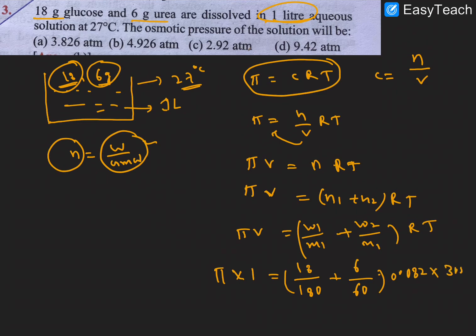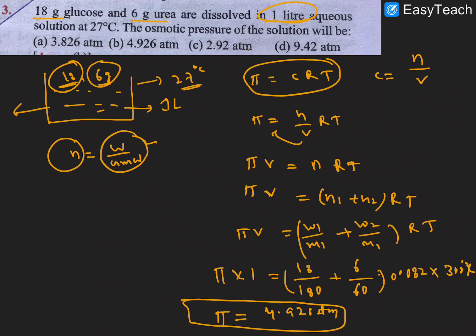The temperature is 300 Kelvin, since 27 degrees means 300 Kelvin. So pi is equal to 4.926 atm pressure. This is the pressure we have when both are dissolved in the solution.